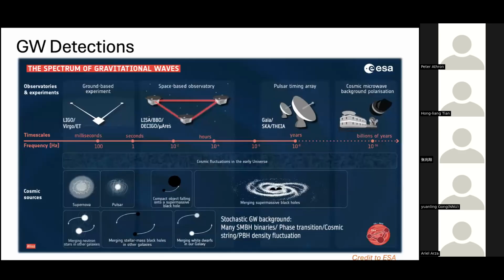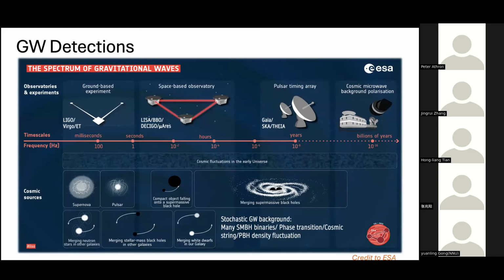Now, let me talk a little bit about the detection possibility of gravitational waves. We have several detectors, some Earth-based detectors like LIGO, Virgo, ET. Then we can think about space-based detectors like LISA, BBO, DECIGO, mu-Ares.